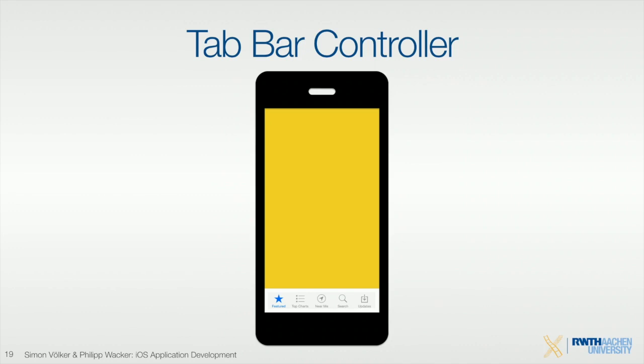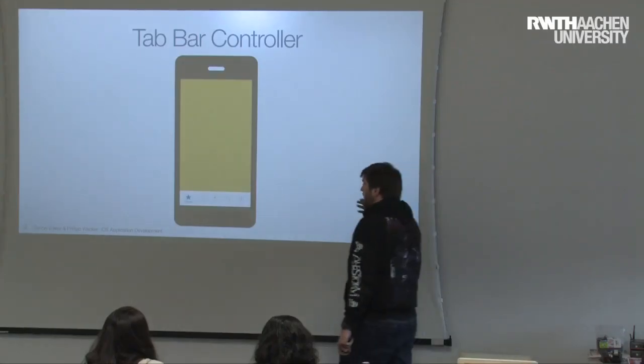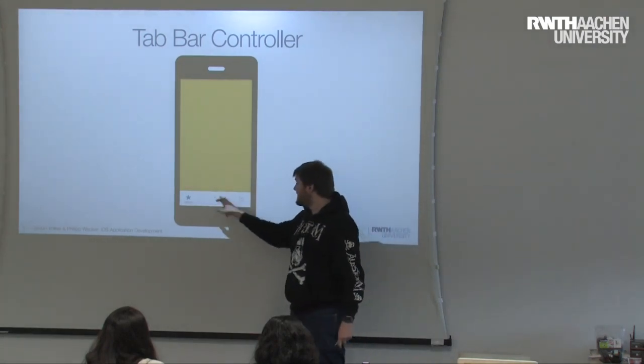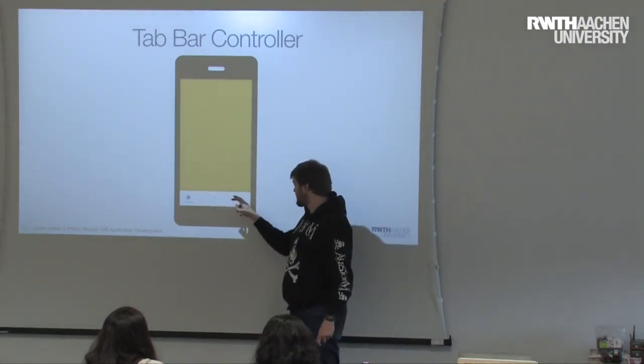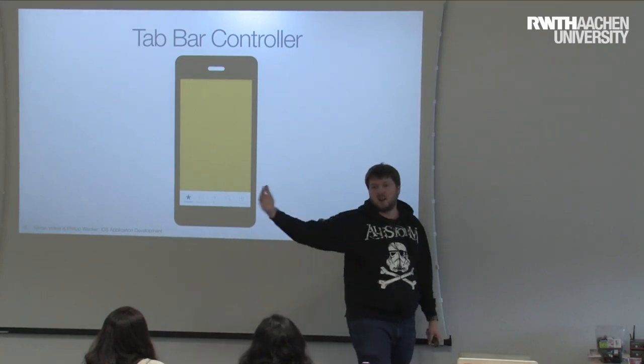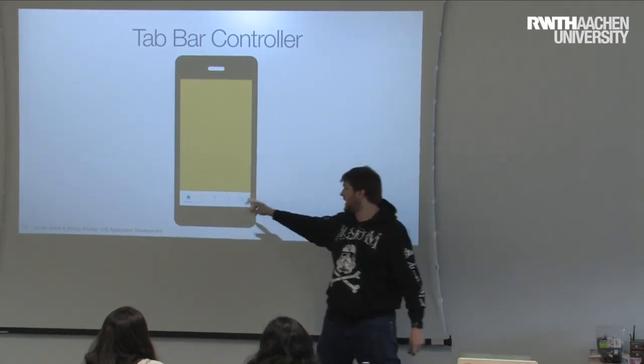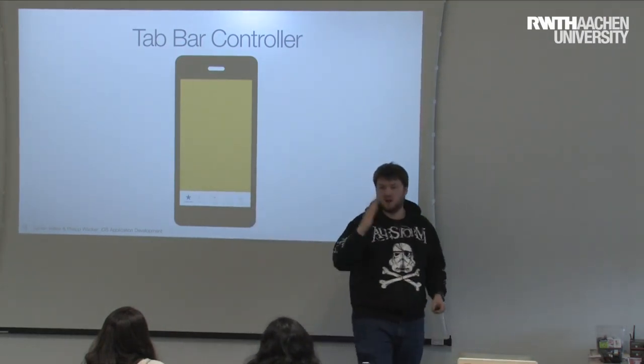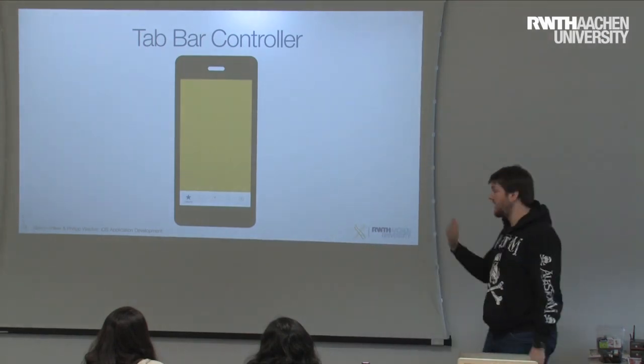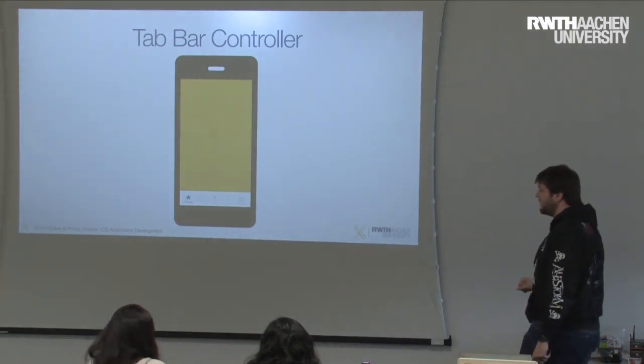Those are all different view controllers that handle what is shown on the screen, but they're not in a linear fashion. Whether I'm selecting near me, top charts, or search, I can just select those and switch between these different view controllers, different interactions I want to do.